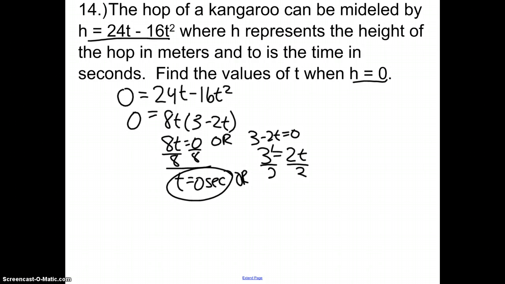Divide by 2 to solve for t. t equals 3 over 2 seconds is our second solution. So we have two solutions for this, and you can check it to make sure that they both work out. And that's the lesson for today.